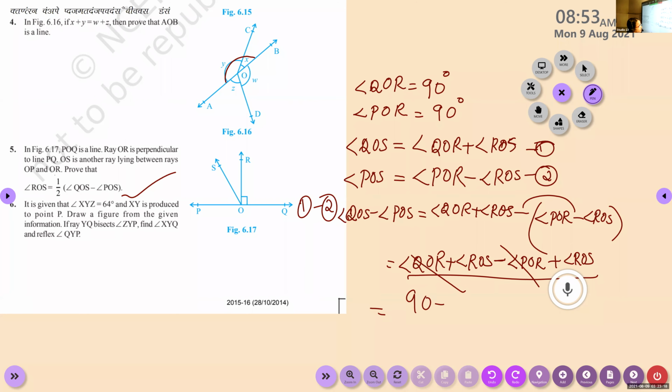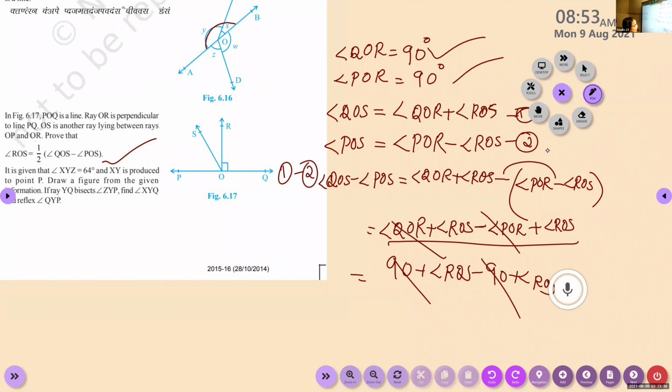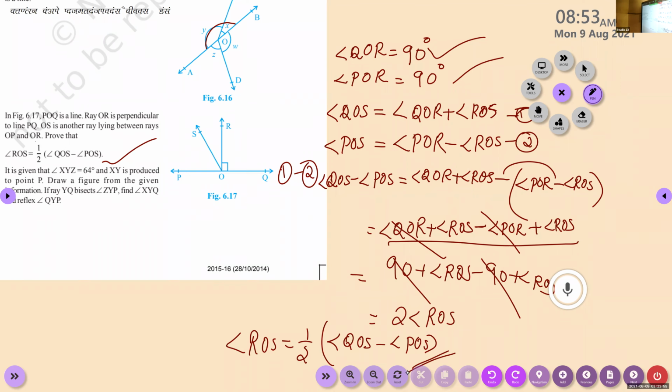Both are 90 degree. See the first sentence that we wrote. Minus 90 plus angle ROS, plus 90 and minus 90 we can cancel. So this is equal to 2 angle ROS. So angle ROS is 1/2 of the left side, angle QOS minus angle POS. 1/2 into QOS minus POS.